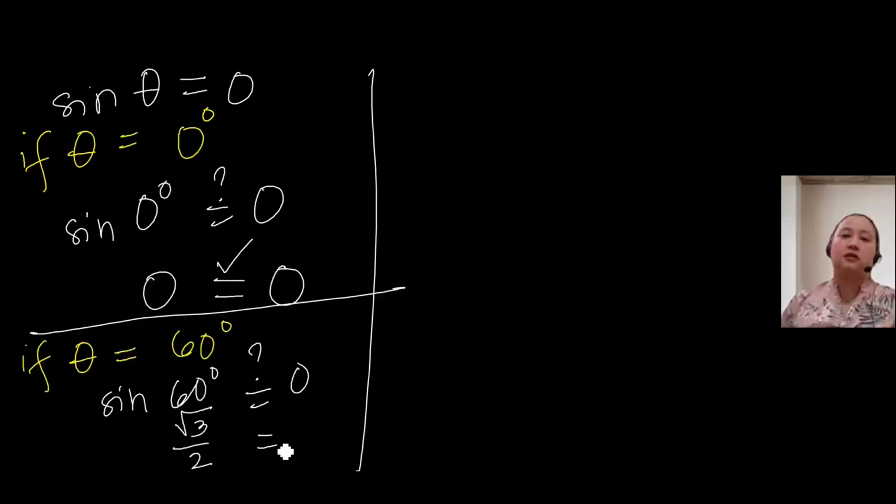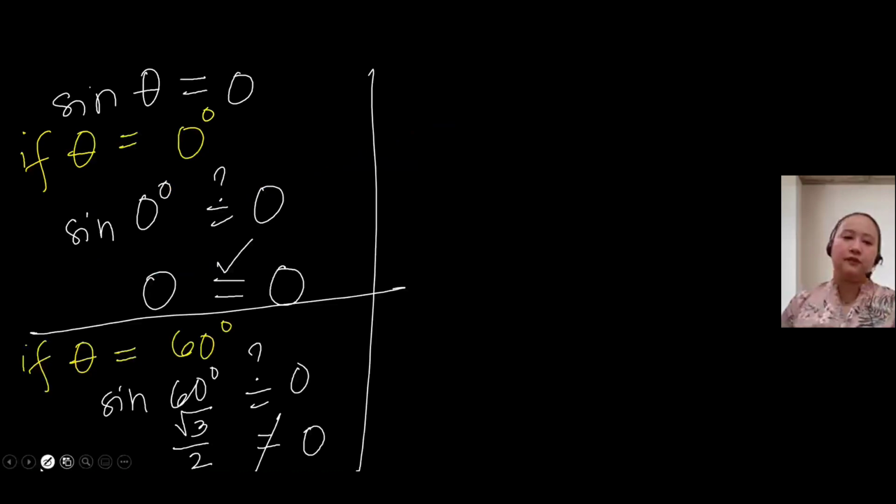Then the right side is 0. So is the square root of 3 over 2 equal to 0? Of course not. So what does this mean? That when theta is 0 degrees, sine of theta is equal to 0. When theta is 60 degrees, sine theta is not equal to 0.